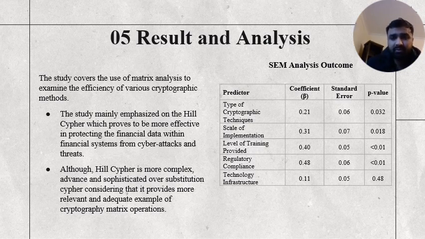The study and the literature review that we conducted during our research identify that the Hill cipher is more effective in protecting sensitive financial data against cyber attacks and threats. The Hill cipher is also more complex, advanced and sophisticated than substitution ciphers, considering that it provides a more relevant and adequate example of cryptographic matrix operations. So on to the next slide.